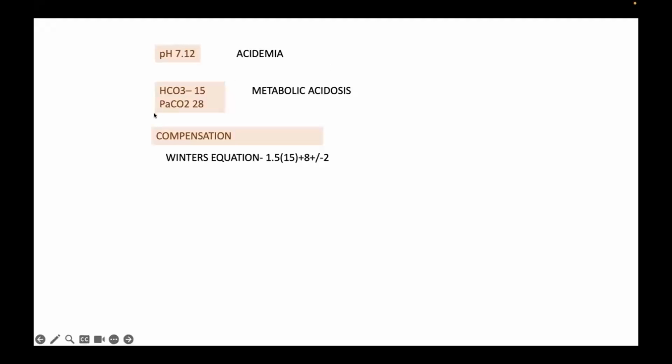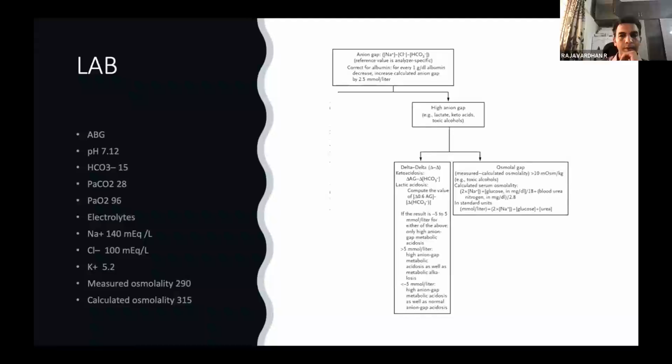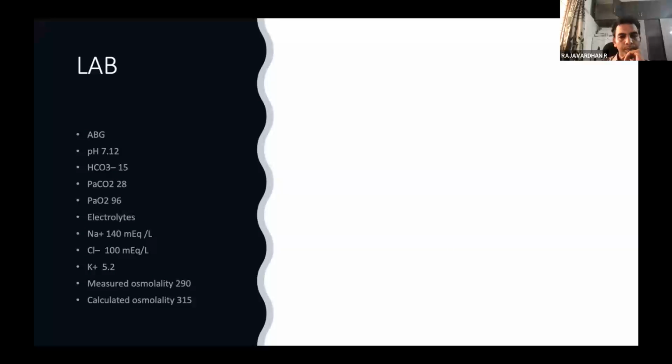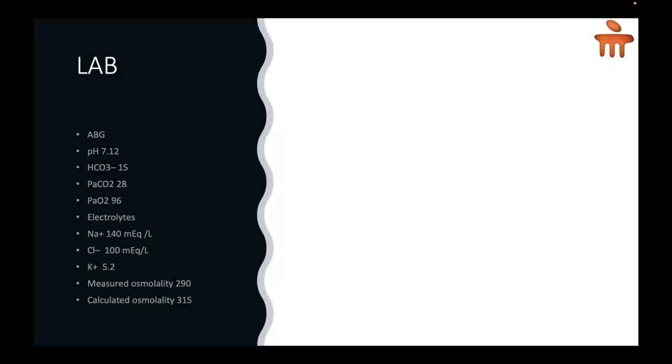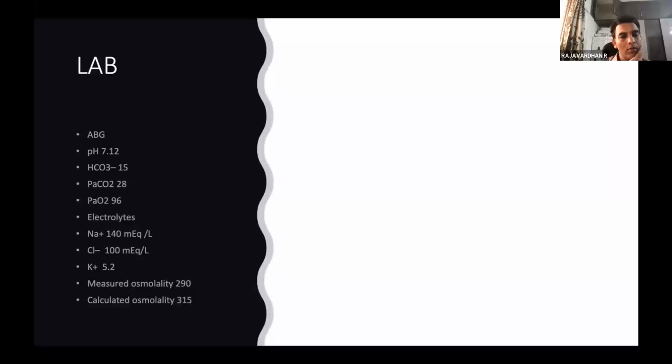At least tell us the formula, Dr. Pradeep, for the anion gap. 25. Anybody else? What is the anion gap? Please participate.